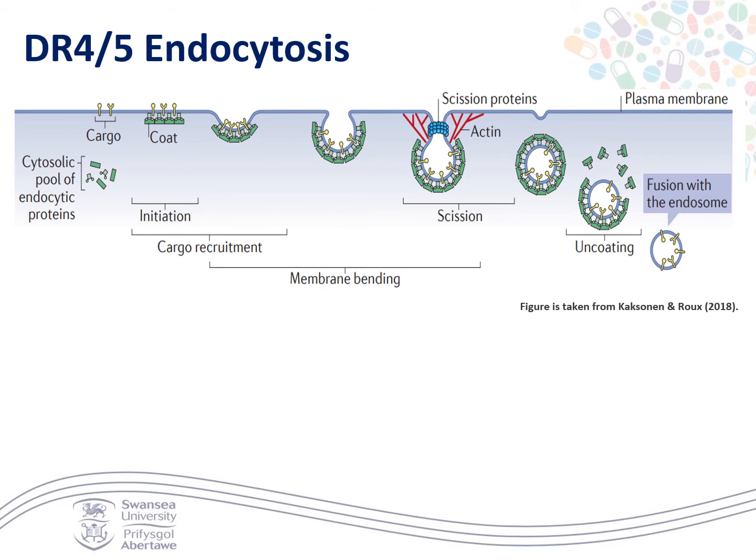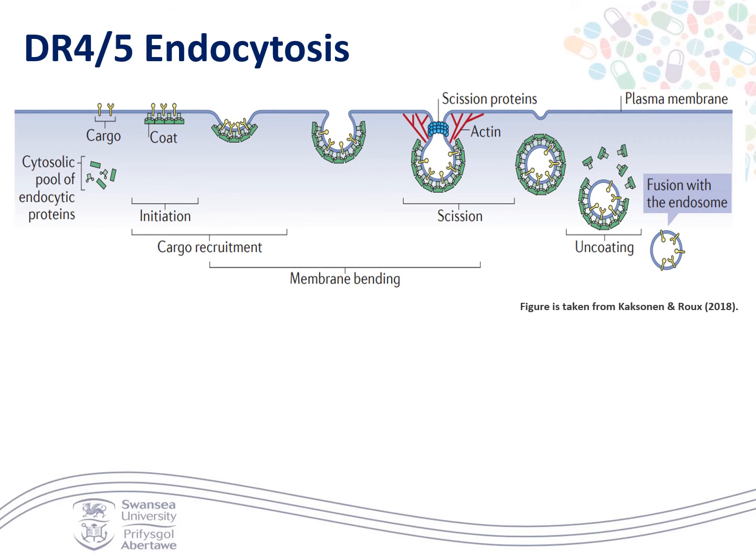So it's maybe a bit too simplistic to say that endocytosis simply is there to remove the receptor from the membrane to prevent signaling, because it may actually activate a whole other plethora of downstream signaling pathways. But we're going to look at it in this context today as what happens when DR4 and DR5 undergo endocytosis.